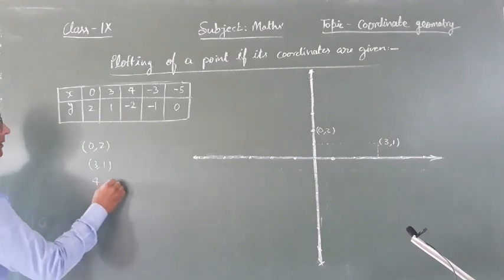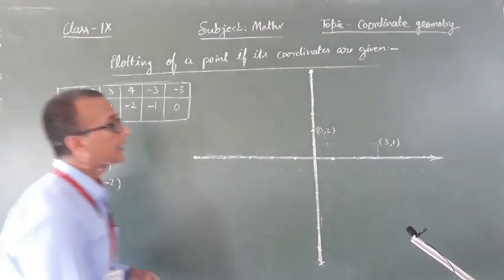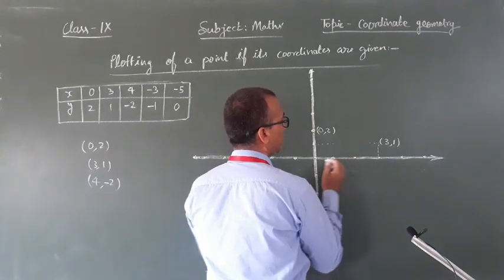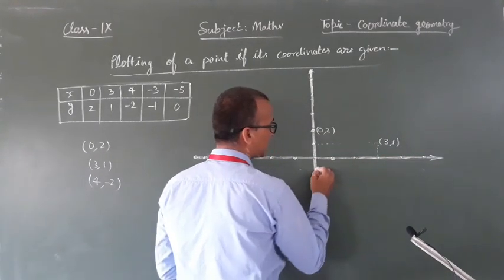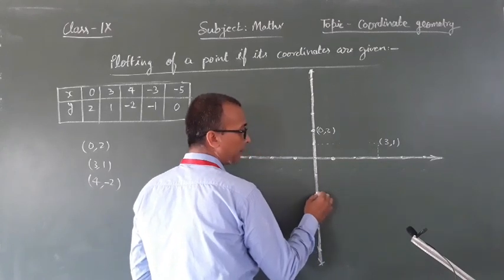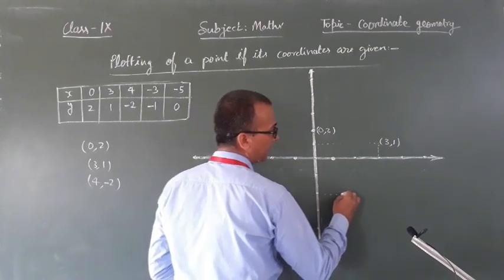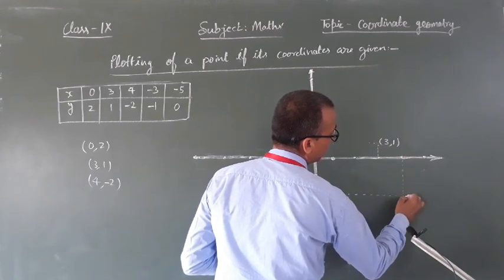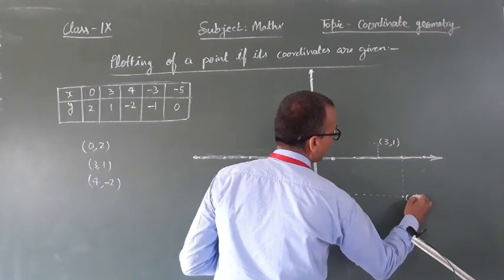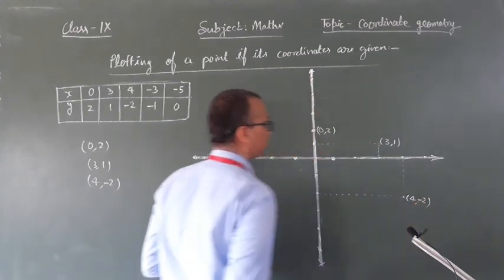(4, -2). On the x-axis we will go from the origin 4 units and on the y-axis we will go -2 units from the origin, and this corner of this rectangle is (4, -2).